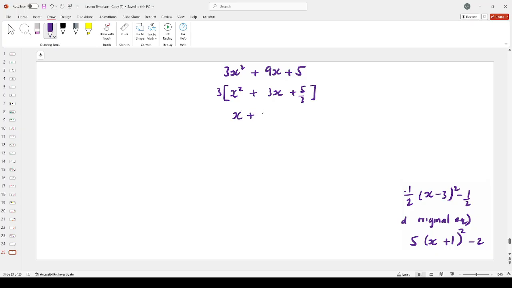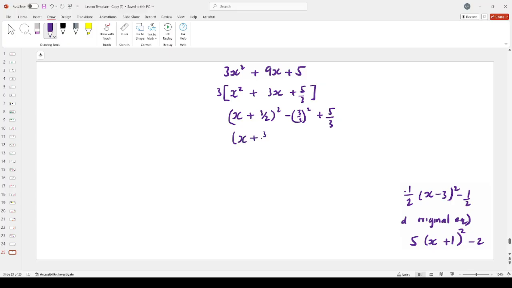Who did this? 3 over 2 squared minus 3 over 2 squared plus 5 over 3. Who did that? So minus 3 over 2 squared is going to be 9 over 4.